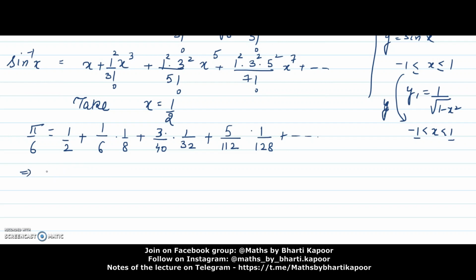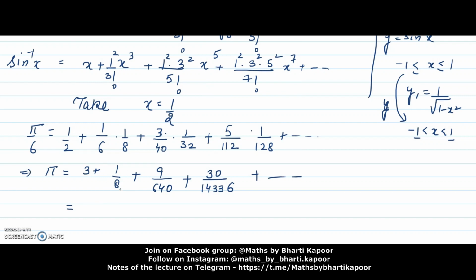If you multiply both sides by 6, you will get pi equals 3 plus 1 by 8 plus 9 upon 640 plus 30 upon 14336, and so on.